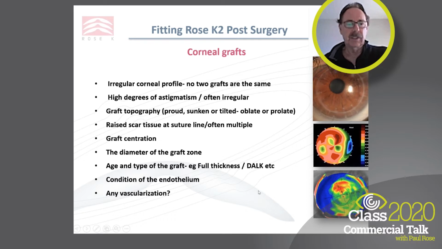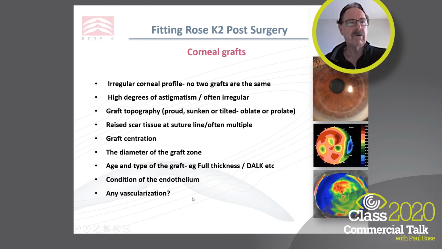The other things you should consider is the age and the type of the graft, because full thickness grafts are more at risk, and as they get older, more at risk from failing than partial thickness grafts. Also the condition of the endothelium, although most of us don't have the methods to be able to measure exactly the endothelial counts, once you start looking at endotheliums, you get a good idea of whether you have a healthy endothelium or whether you have an issue.